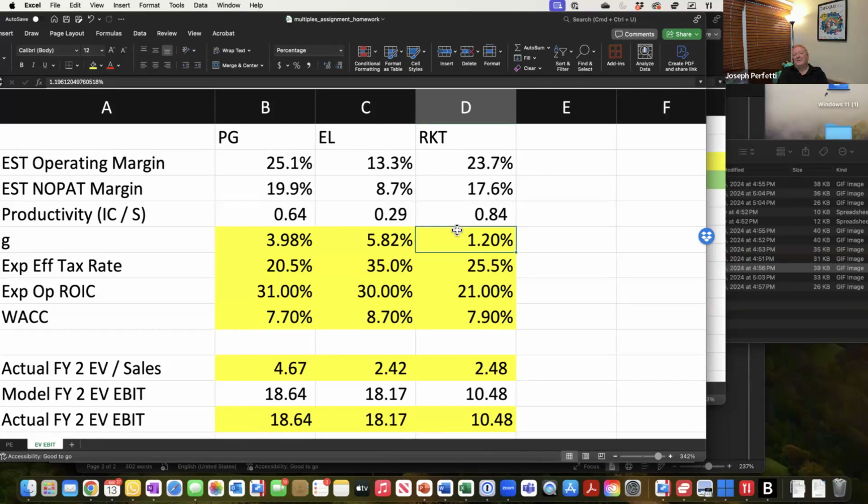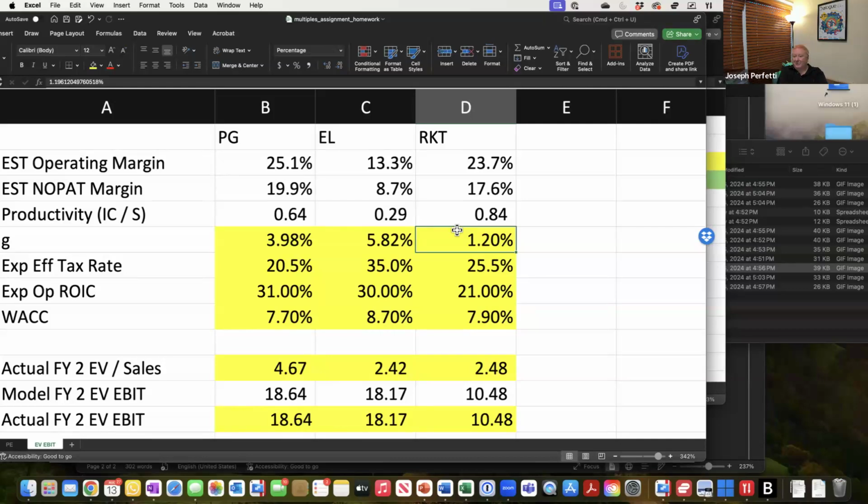Now, you might have a variation of this because if you had a very high G at RKT and you had a low spread at RKT, then you would have to explain that it's the low spread at RKT that is actually the reason for the discount for the EV to EBIT, along with the higher tax rate than P&G.